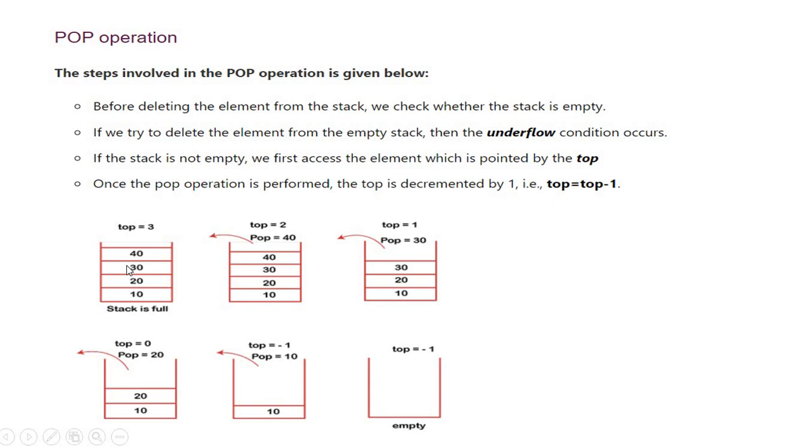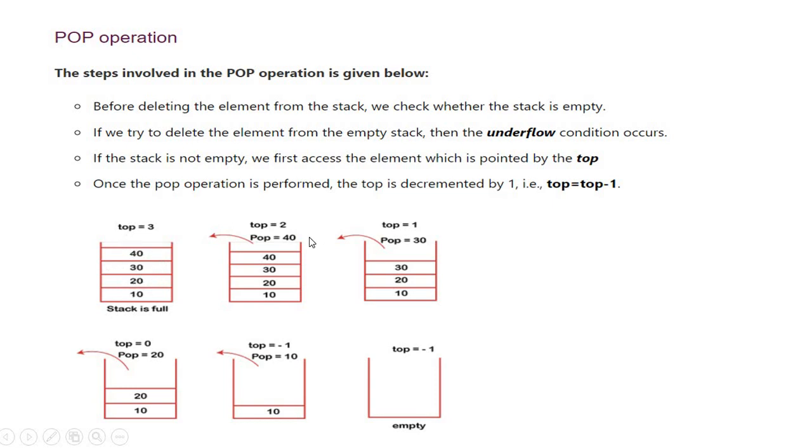So here, first we will decrement the top value. Suppose I am deleting 40 from the stack, what I will do is decrement the top value. To display the stack, I'll display for i equal to 0 up to top only. If I am deleting 40, right now the top is 3.